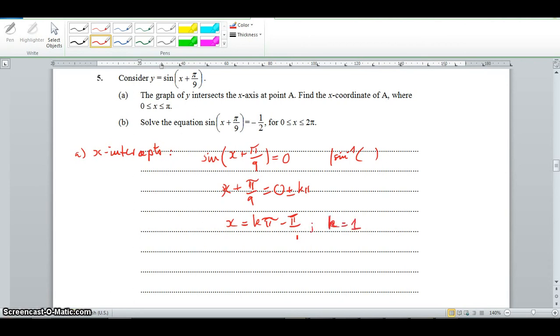Okay, so if I solve for x, I get this. There's a pi over 9 here. I don't need to worry about the plus minus because my range is between 0 and pi, and I'm only going to be looking at positive values of k. So if k is 1 now, I can see clearly that x will be 8 pi over 9.